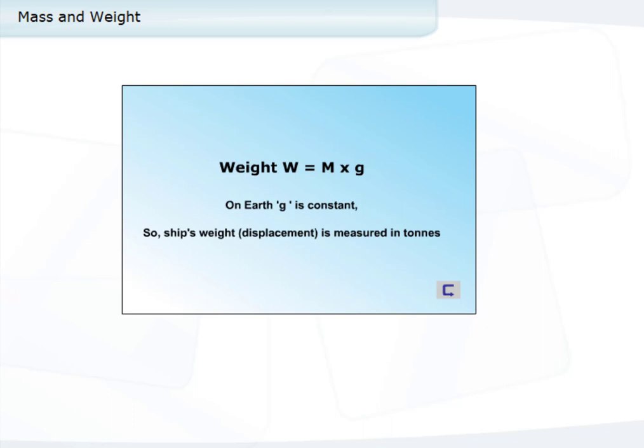If the acceleration due to gravity is considered constant, then weight is proportional to mass, and in the context of ship stability, we can accept that weight, displacement, is measured in tons.